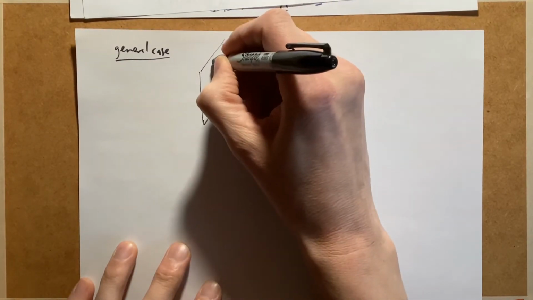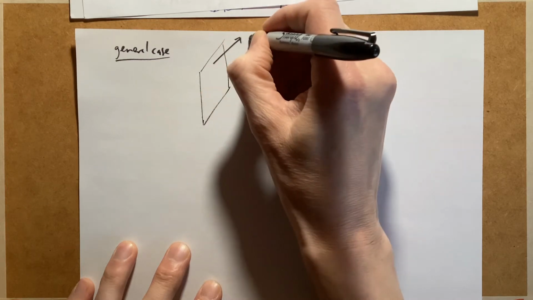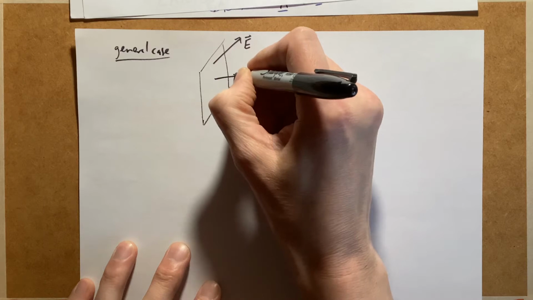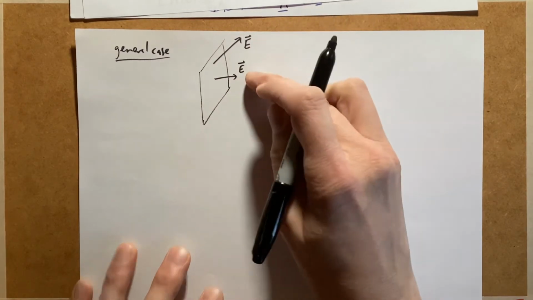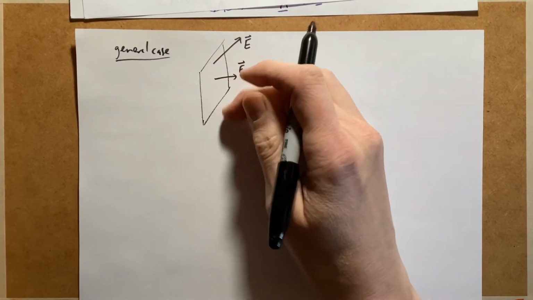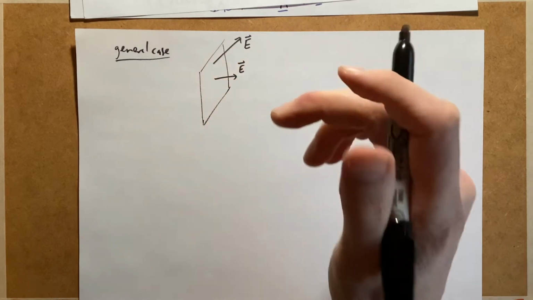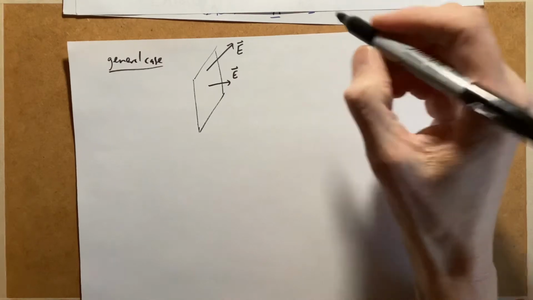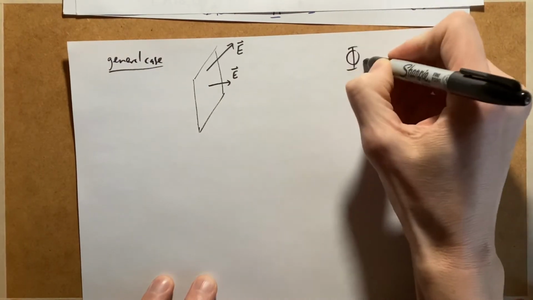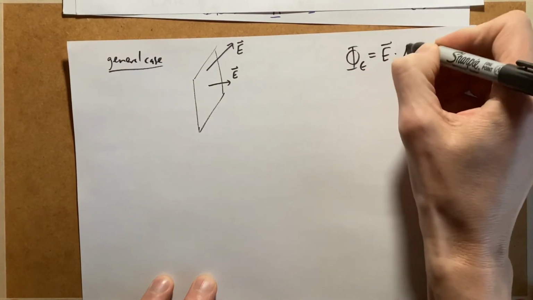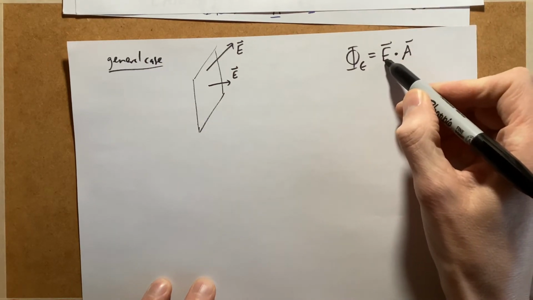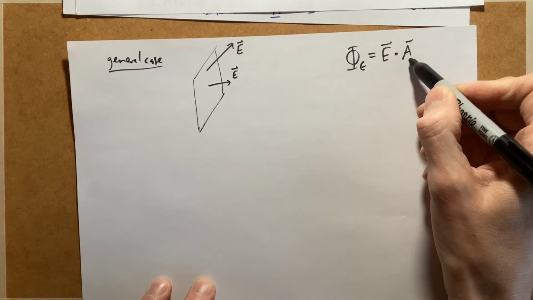Maybe the electric field up here is strong and points that way, and the electric field right there is weaker and points that way. So now the electric field has different things going on at different parts of this area, okay? Now if you look back at the original formula, I'll just rewrite it here. This E dot A assumes that the electric field has a certain well-defined relationship with the entire area.